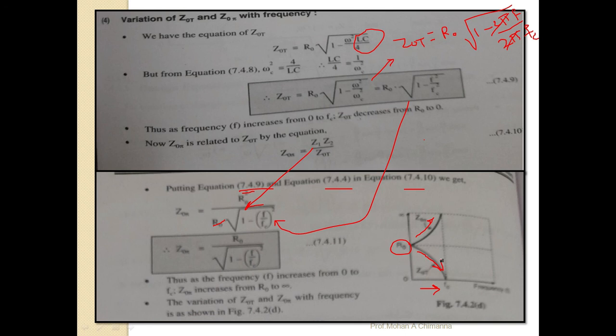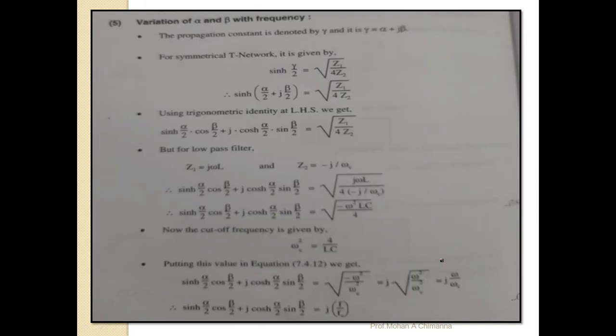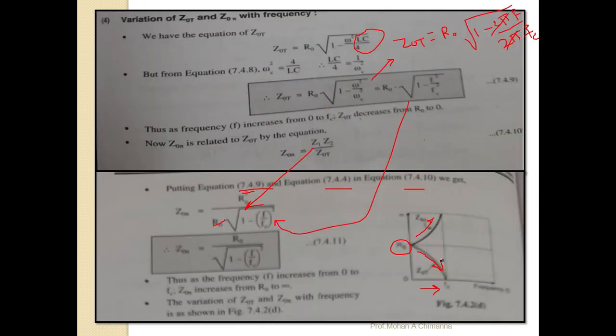So we have seen the variation of the impedance of the pi network and T network with respect to the design impedance.